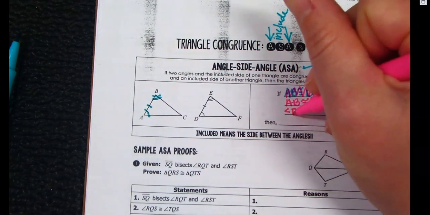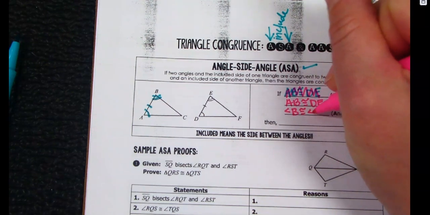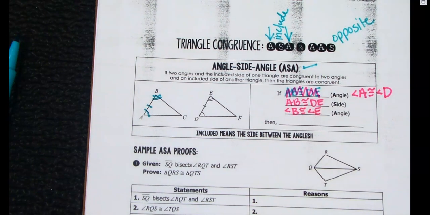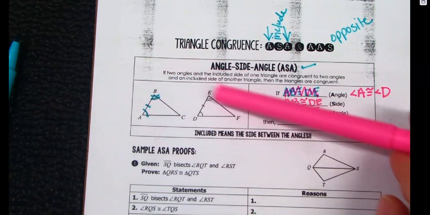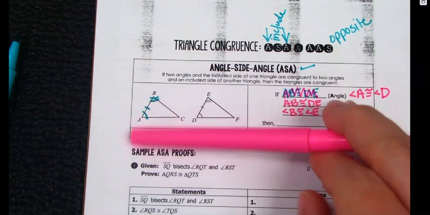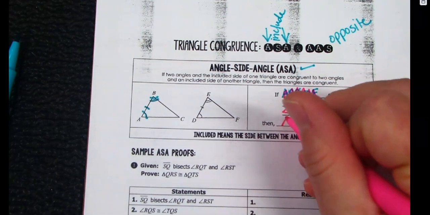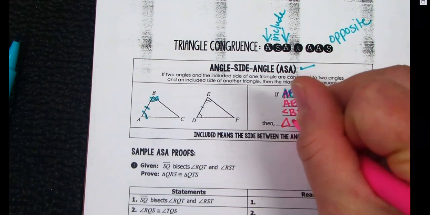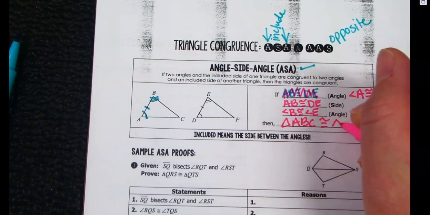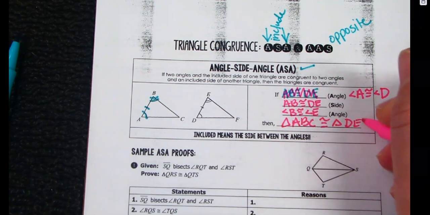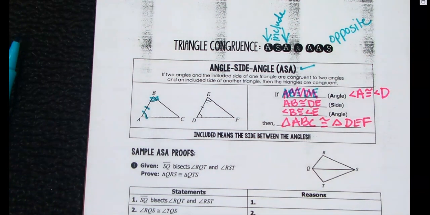Angle B is congruent to angle E. If you know that information, you've got two angles and one side in between, then you can prove that triangle ABC and triangle DEF are congruent triangles.